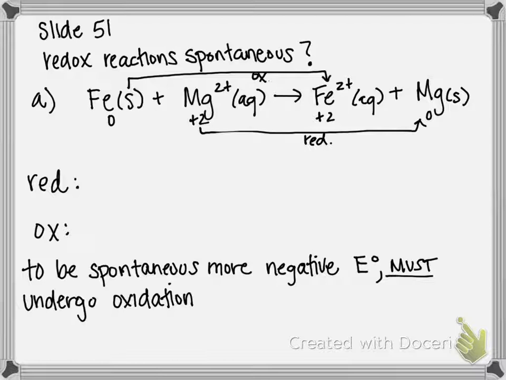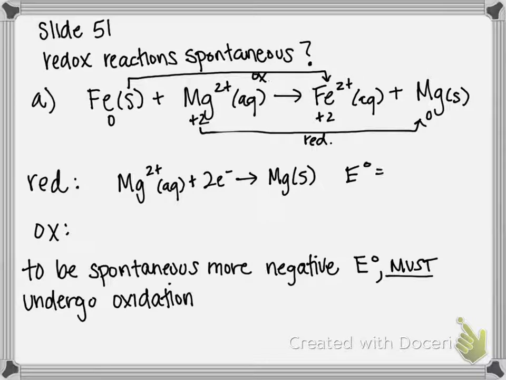So then, after we identify that, you're going to consult your table 20.1, which is on slides 41, 42, or 43, to figure out the standard electrode potentials of each half reaction. So for our reduction, magnesium 2+ plus 2 electrons gives you magnesium solid. If you look on your table, the standard electrode potential for that is negative 2.37 volts.